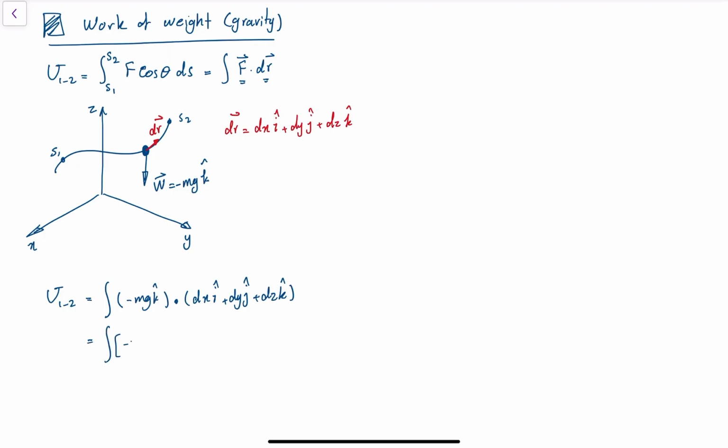I have minus mg dx, i dot k, minus mg dy, j dot k, let's put this in parentheses, minus mg dz, k dot k.